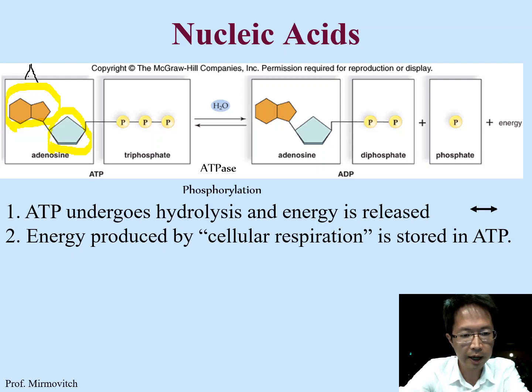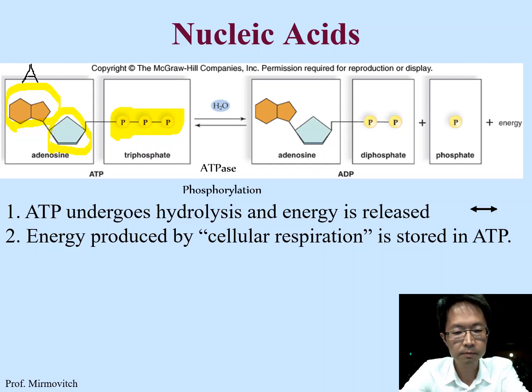That's why we call it adenosine triphosphate. And it does have phosphate groups, but instead of one phosphate group, it actually has 3 phosphate groups. There are 3 phosphate groups here. That's why we call it adenosine triphosphate, 3 phosphate groups.